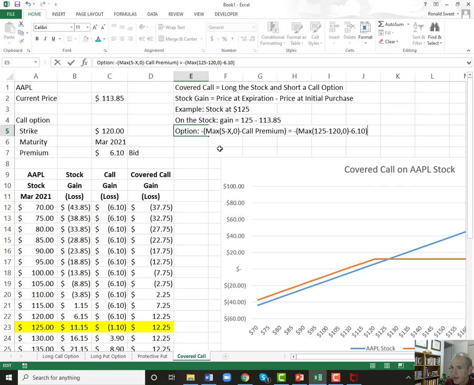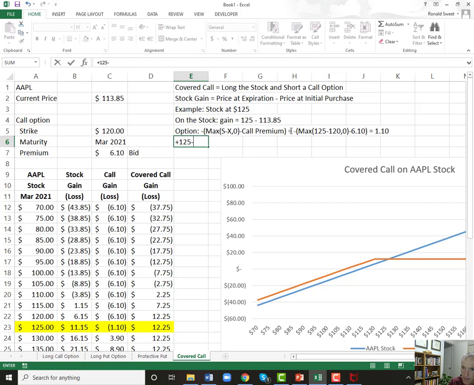So that whole thing, $5 minus 610 is minus 110. That's going to equal positive 110, right? Because we're doing the opposite of that. So everything that we would have done if you were long a call option gives us negative $1.10. But we put the minus sign there, so we'll make $1.10.